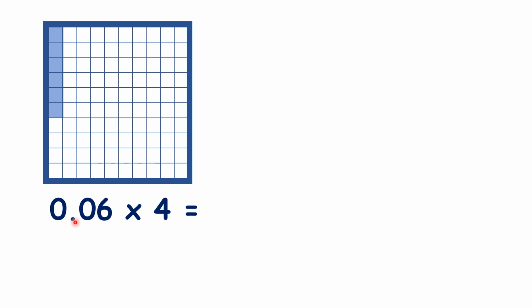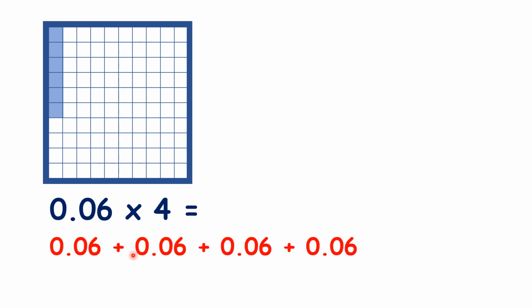But now what about 0.06 times 4? 0.06 times 4 is really 0.06 4 times. We already have 1 times 0.06 here, so let's multiply by 2, 3, 4.